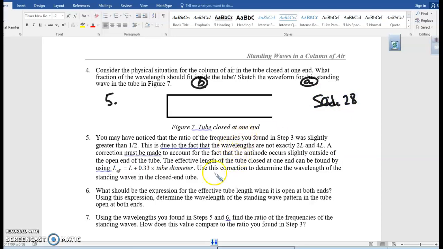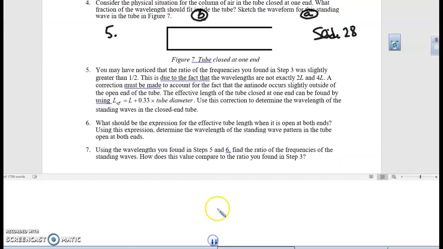All right, there is a correction that we have to make, and maybe that correction will make the ratios a little bit better, because it was really approximately 0.5 or twice as large. So for number 6, you need to correct our data, and we're going to use this equation right here.